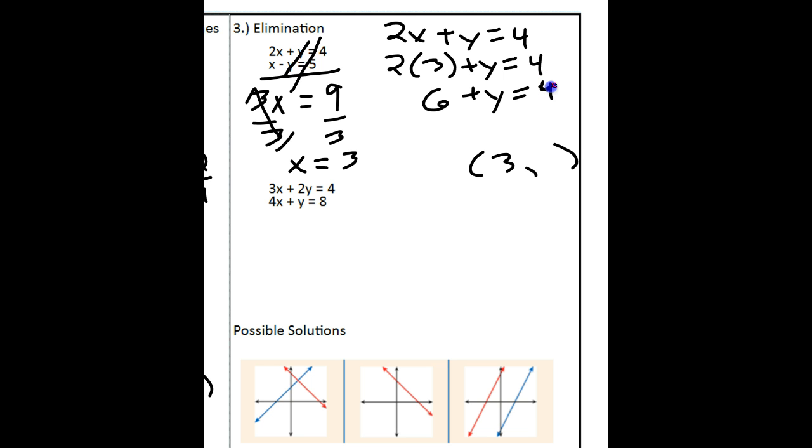And my goal is to get that y by itself. So I'm going to subtract 6 from both sides. And I get y equals, I do apologize for my handwriting, 4 minus 6 is negative 2. So my solution, the point of intersection, is 3 comma negative 2.